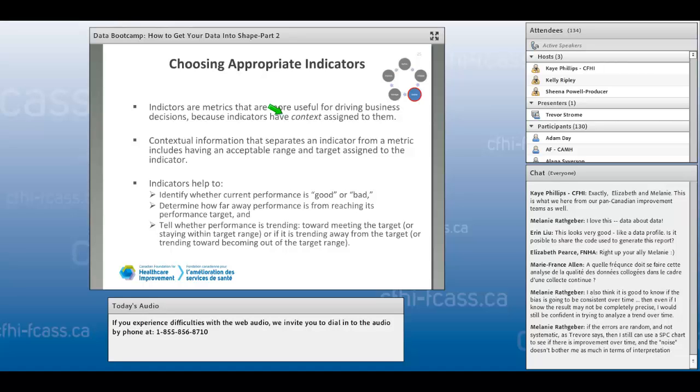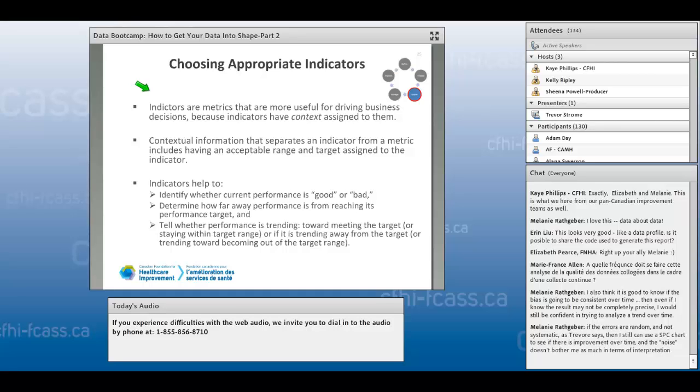so much about data quality is about how we use the data and how we present the data, and ensuring that the insights can be valid. And so indicators are metrics that are more useful for driving business decisions because the indicators have this context assigned to them, and this context is what separates an indicator from a metric.